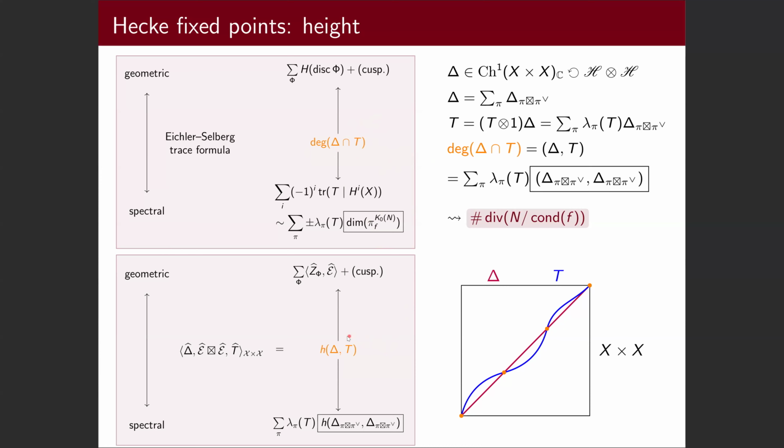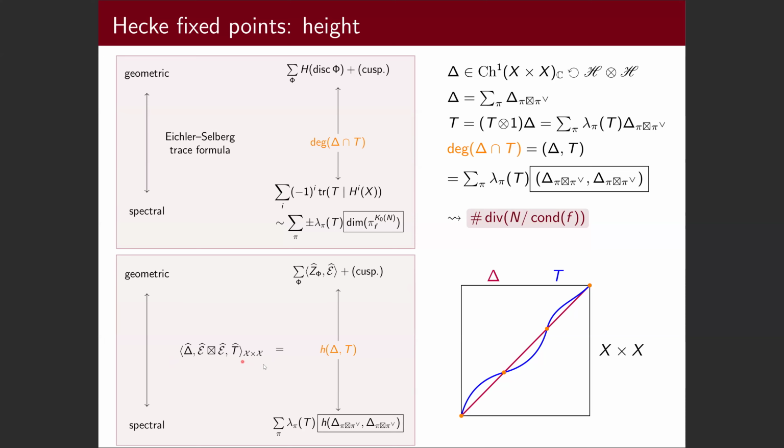So the weight is by this Faltings height that I mentioned earlier, essentially. And so, more formally, this is defined by an intersection pairing, by a trilinear intersection pairing on the self product of this curve X. So X times X is dimension 2 in the generic fiber.